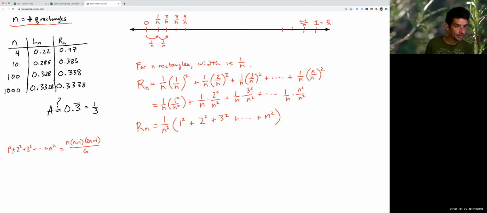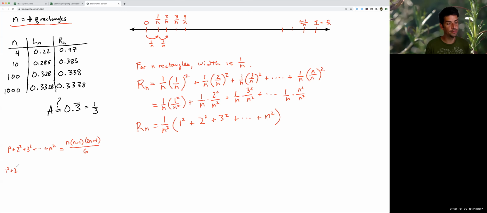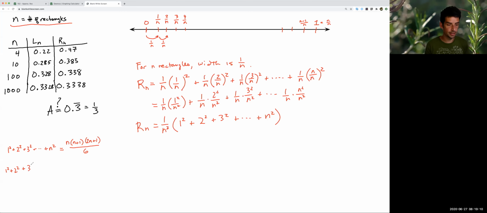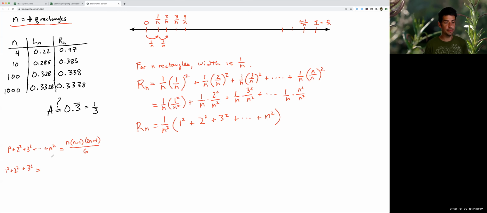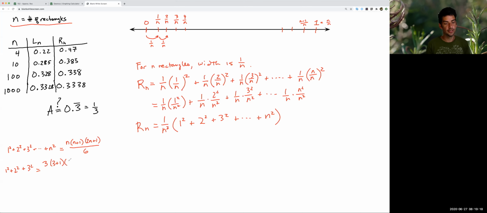So try it. Let's do one of them. If we did 1 squared plus 2 squared plus 3 squared, I'm claiming, so this is going up to n equals 3, this is equal to 3 times 3 plus 1 times 2 times 3 plus 1 divided by 6.